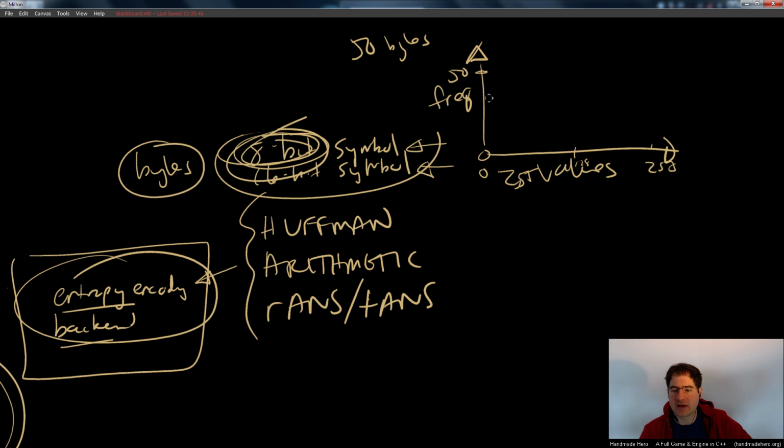I could look at this, and if it's just flat, which it can't be, let's make this at least more, let's say it's 512 or something. If every symbol appeared exactly twice, then it would just be a flat histogram that looks like this. Every symbol is equally likely to occur.